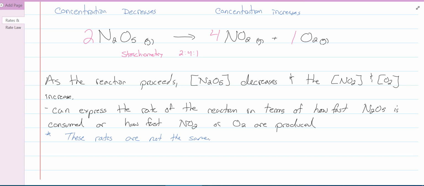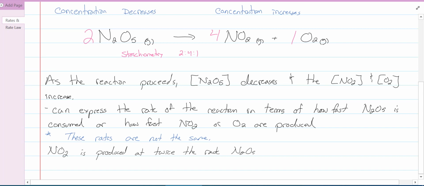So in this reaction, not everything's being used and produced at the same amount, right? And if you look, you probably noticed, or could guess, that NO2 is produced at twice the rate N2O5 is consumed.